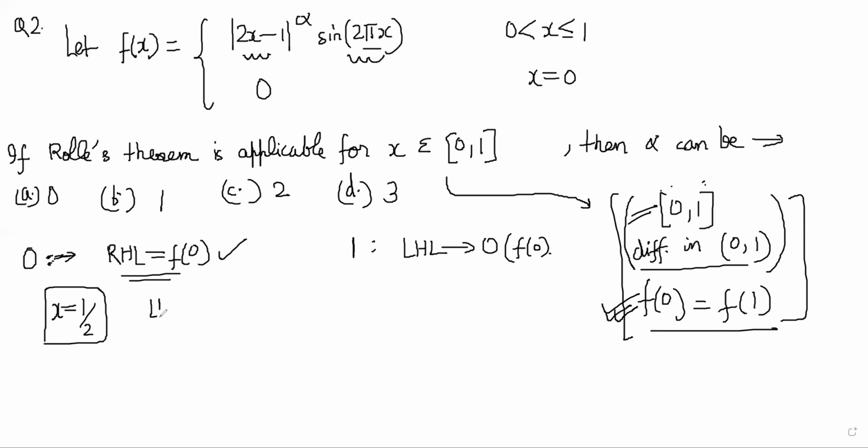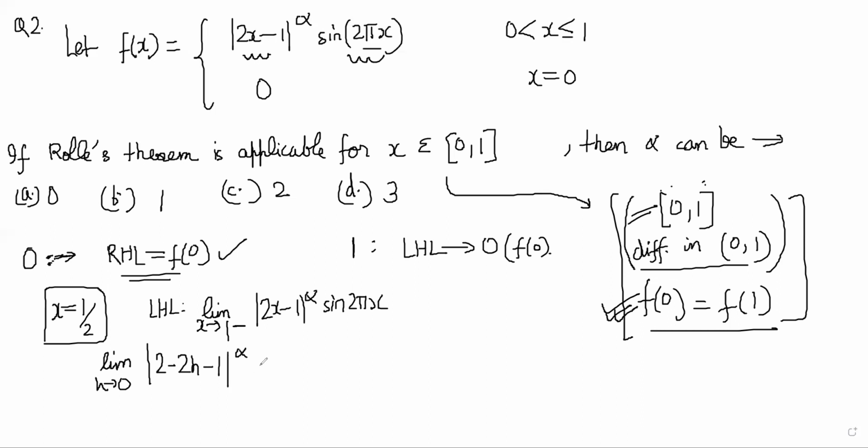So let's check LHL. It is basically limit x tends to 1 minus of mod of 2x minus 1 power alpha sine 2 pi x, and that can be written as limit h tends to 0 f of 1 minus h. So 2 into 1 minus h, 2 minus 2h minus 1, power alpha, sine 2 pi into 1 minus h.